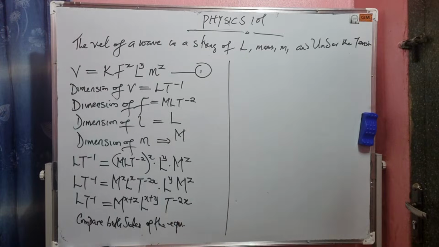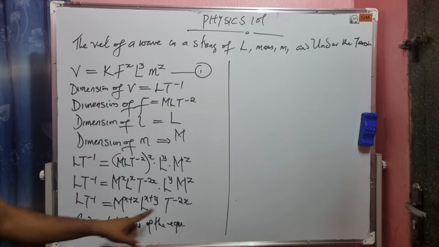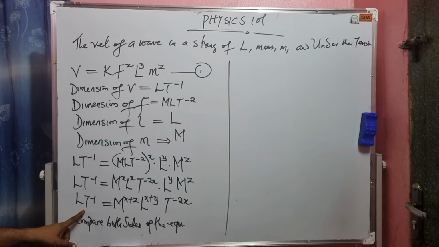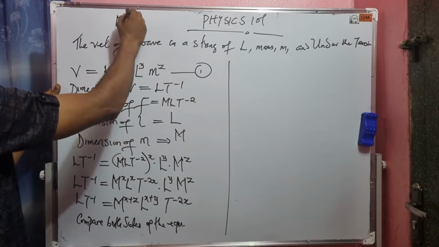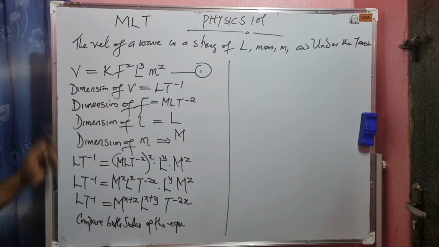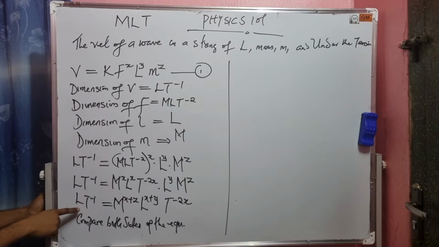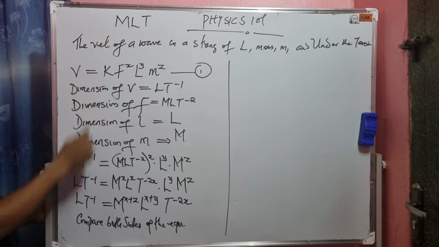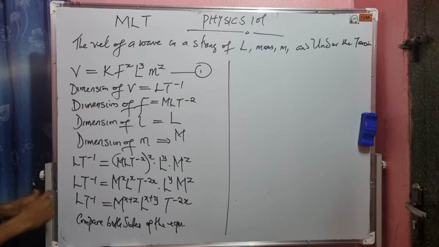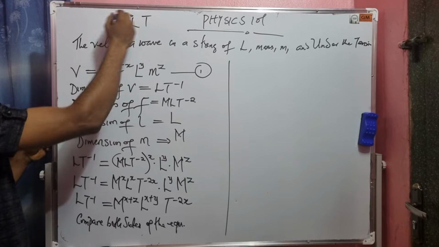In comparison, I'm comparing my M to M, my L to L, my T to T. Listen, the metric system says it must be of this order, MLT. But if you look at this part here, we only have LT raised to minus 1. Although we have M here, the power of that M is 0.